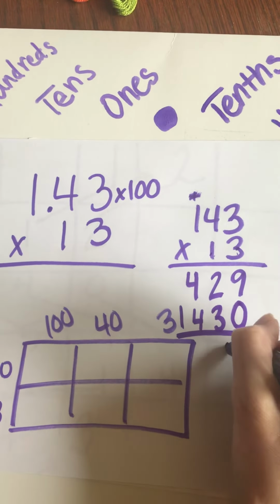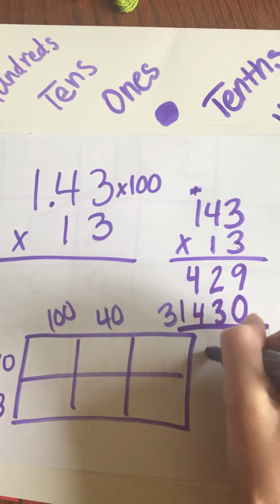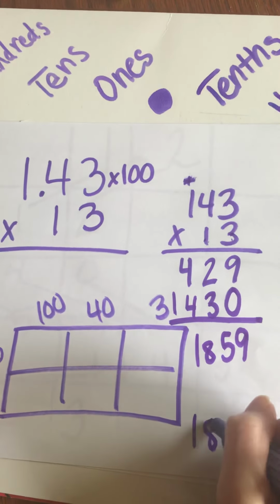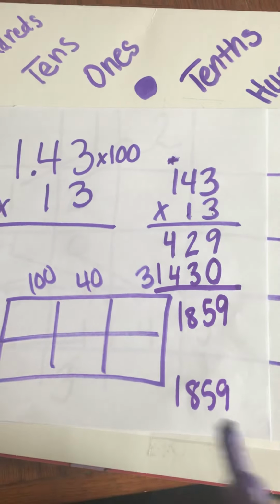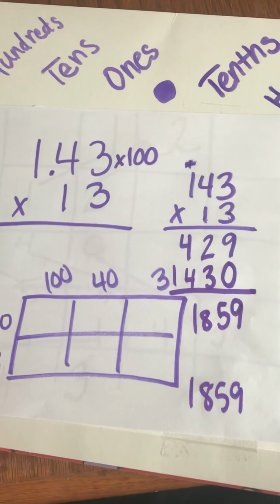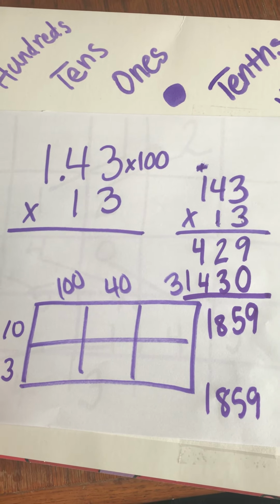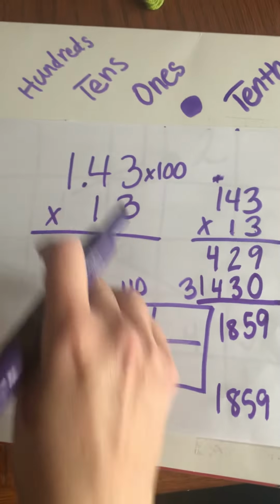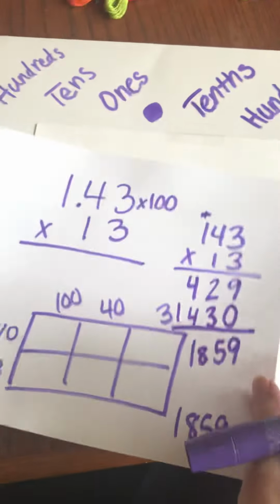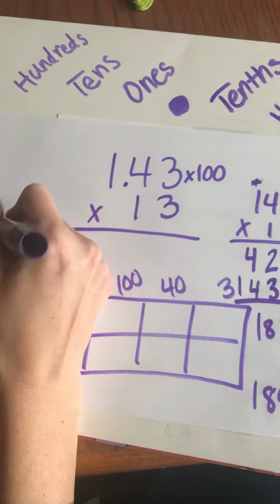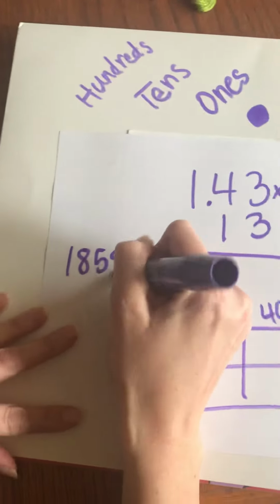So I can add this together and I get 1,859. But I have to remember this is 100 times too much. So I'm going to refer back to my place value chart. And since I'm running out of room here and I don't even have it to the thousandth place, we'll just look at this because you can do it without a place value chart.